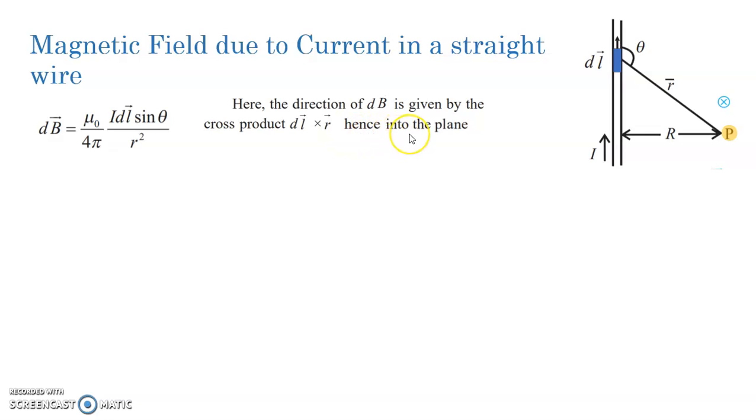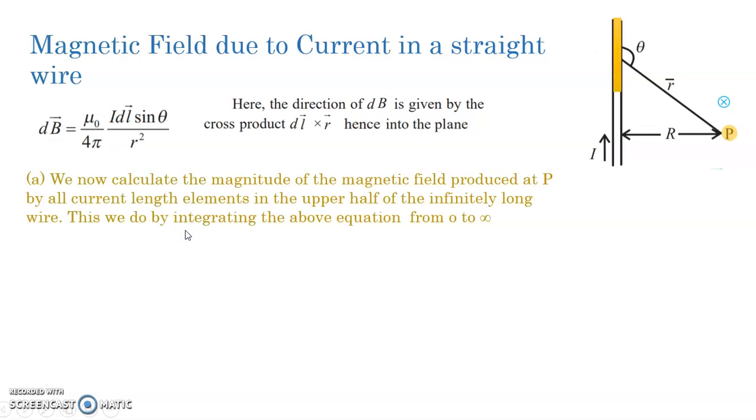Hence, it will be into the plane. Now let us first calculate the magnetic field at point P by all the current carrying length elements in the upper half of the infinitely long wire. This can be obtained by integrating the equation for dB from 0 to infinity.